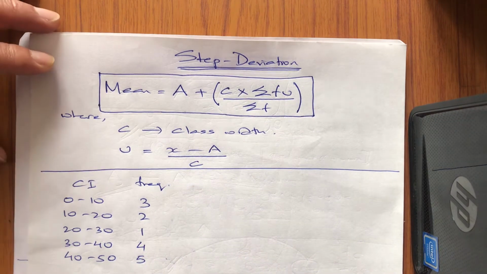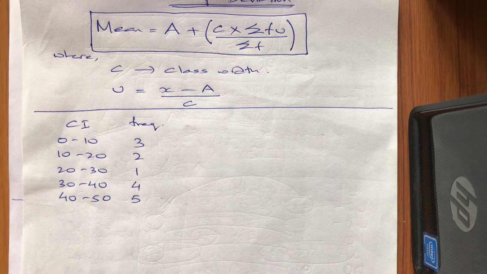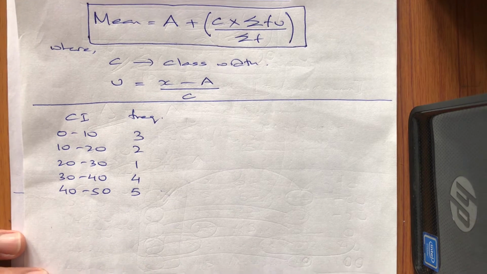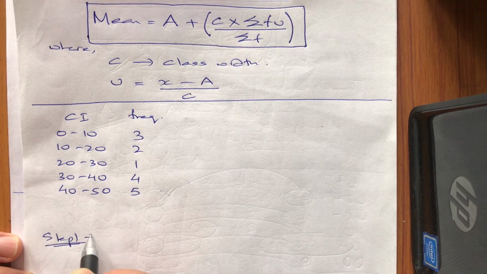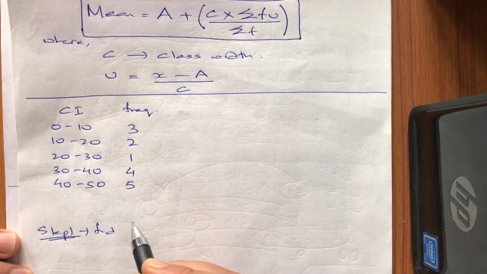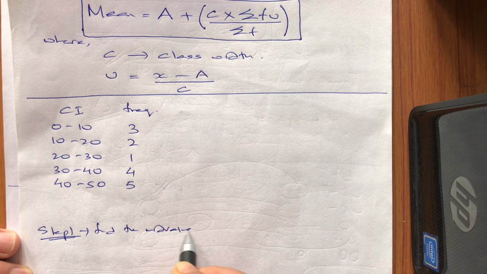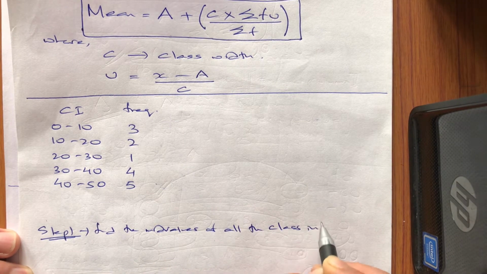Now let's say this is the question, and it says find the mean of this data using step deviation. Now the steps. Step one, as usual, like in the shortcut or the direct method, find the mid values of all the class intervals.